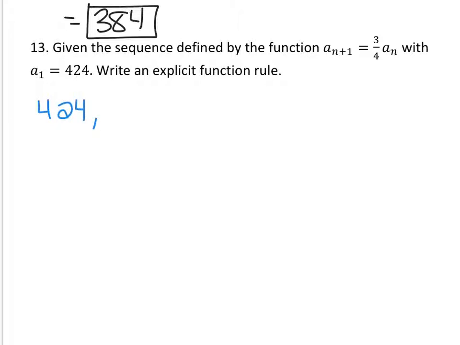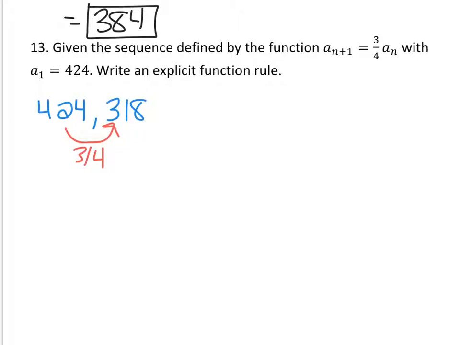That's our first term. Then they tell us that each following term can be found by multiplying it by 3/4. So what is 424 times 3/4? It's 318. So to go from 424 to 318, we multiply by 3/4.